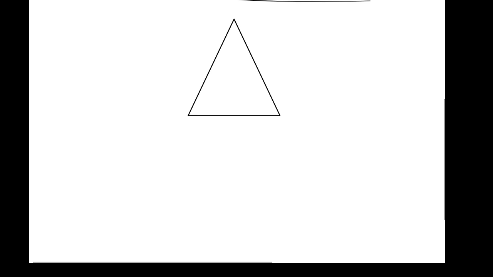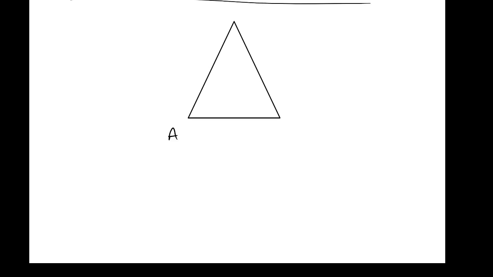We have our triangle here. This triangle is going to be named ABC. If angle A is congruent to angle B, we're going to name two congruent sides.